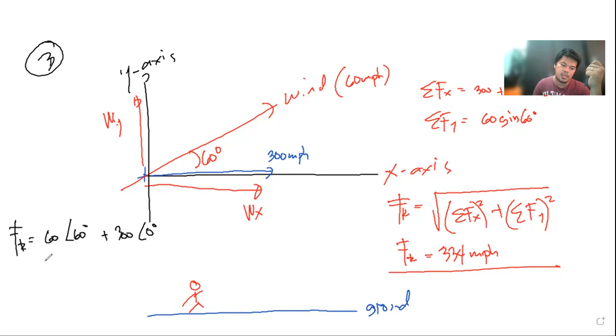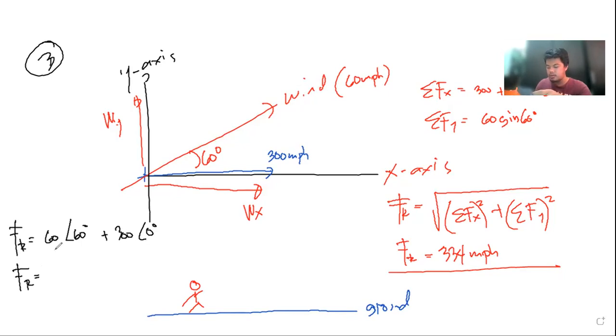FR would still be, let us check. Shift your calculator to complex mode.